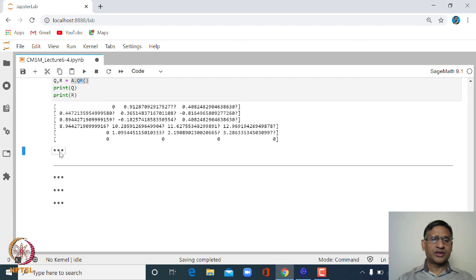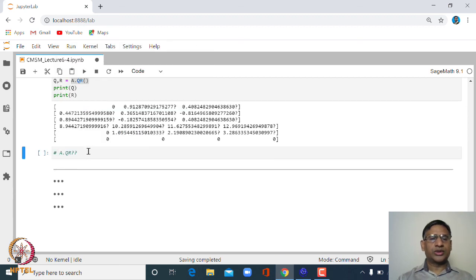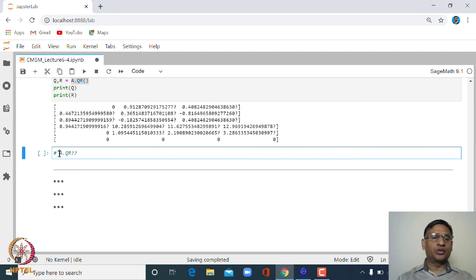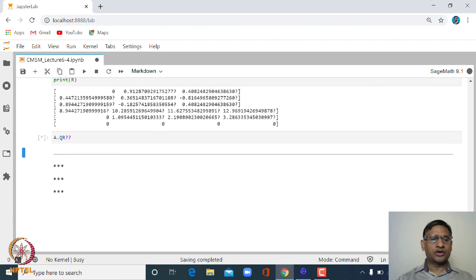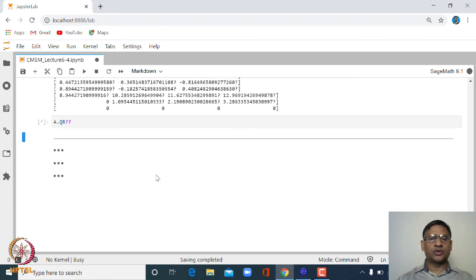Next, you can take help on QR factorization. So if you have a matrix A and then say A dot qr with a double question mark or single question mark, you will see a help document, and that help document you can go through along with the examples, and then see how you can make use of various options.